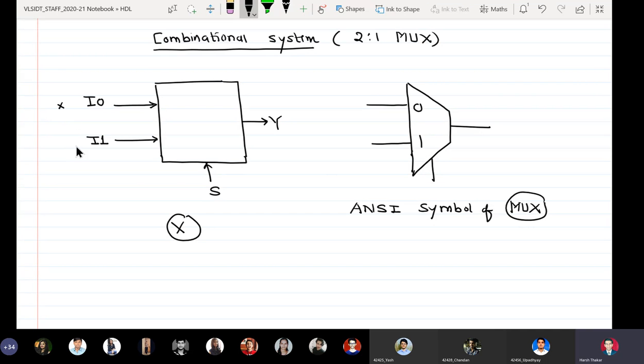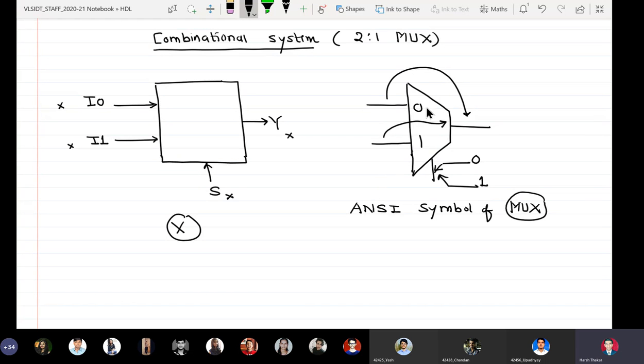You don't write I0, you don't write I1, you don't write Y. This symbol itself indicates that when you connect this line to 0, this comes outside, and when you connect this line to 1, this is sent to the output.